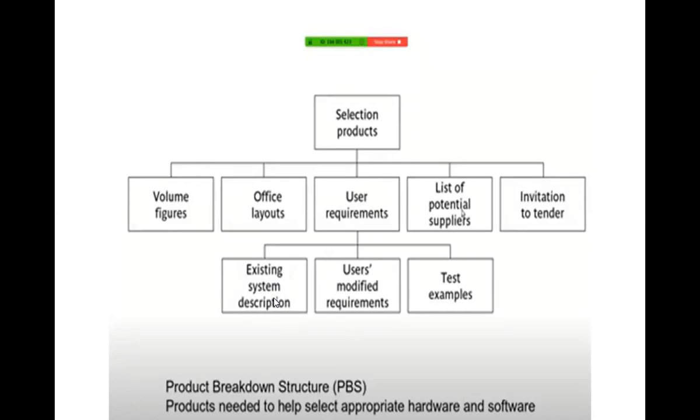User modified requirements mean, for example, we are working on a payroll project. If a faculty member worked continuously last month and did not apply for any leave, we have to give them extra money for spending extra time at our college. This type of requirement is arranged under user modified requirements.